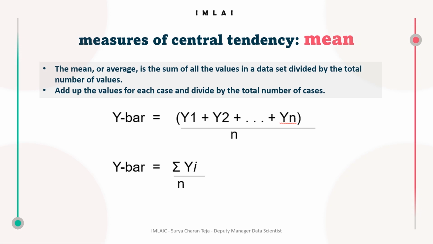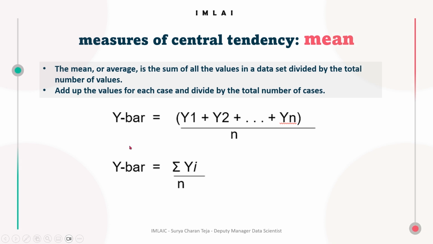Another way of representing the mean is y bar equals the summation, sigma, of yi divided by n, where under the sigma you have i equals 1 to n. That's the accurate mathematical representation of mean or average.